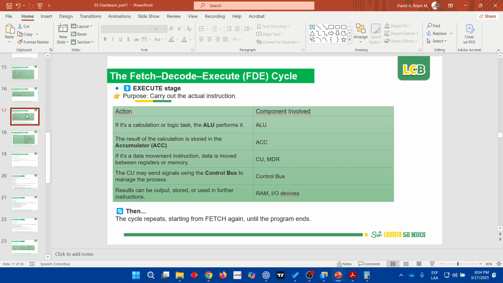The result of the calculation is going to be stored in the ACC, the accumulator. Now, if it is a data movement instruction, the data is moved between registers or memory. We need to get the instruction that is 7 times 2, and we need to calculate that.